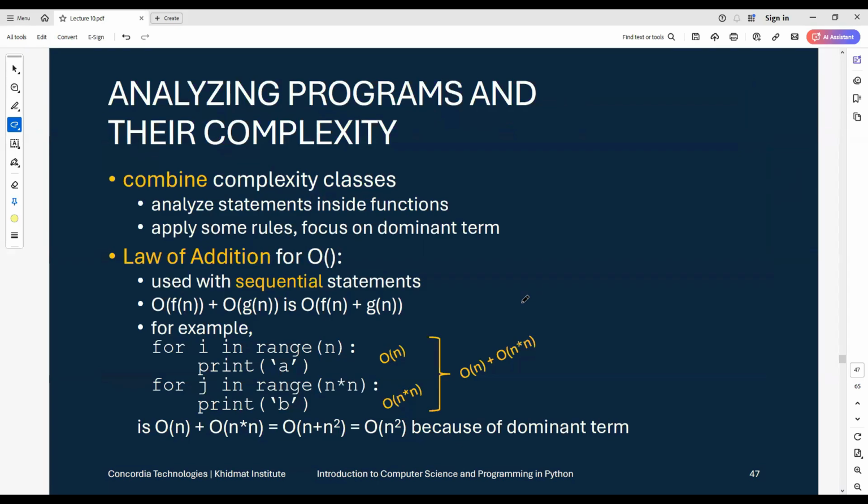Now, when we have a combination of statements within the analysis of an algorithm, there are a few laws that we use for solving them or simplifying them. One of them is the law of addition.